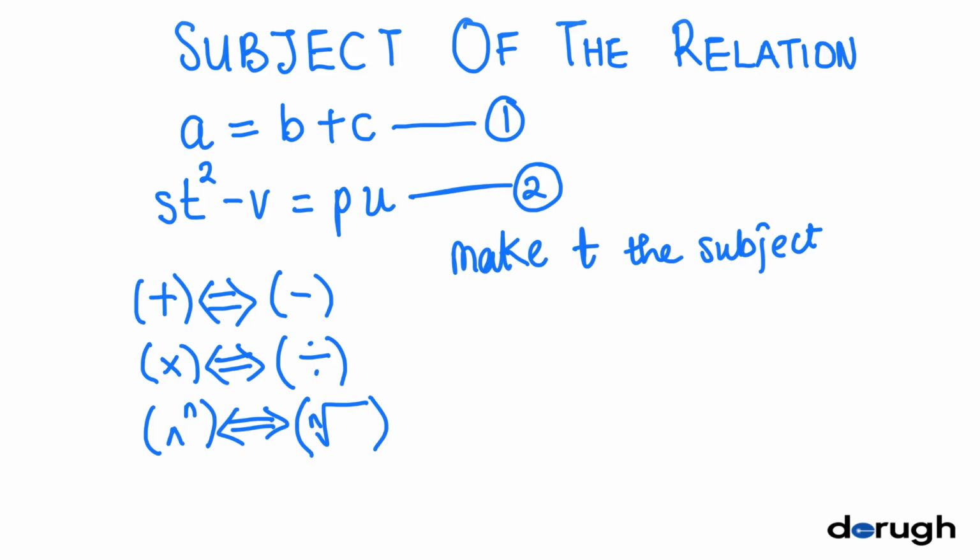It means that we're going to try to move every other thing that's on that side to the other side. So we're going to move the S, we're going to move the V, and we're even going to get rid of the power 2 that's attached to the T because we just want T to stand alone. Okay, let's get to it.